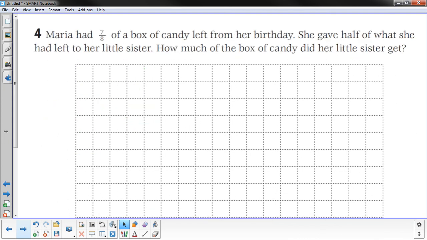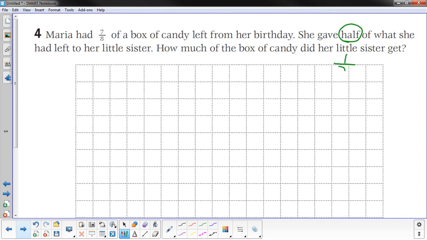Number 4. Maria had 7/8 of a box of candy left from her birthday. She gave half of what she had left to her little sister. How much of the box of candy did her little sister get? Alright. 7/8 of a box of candy. She gave her half. Keyword, half.